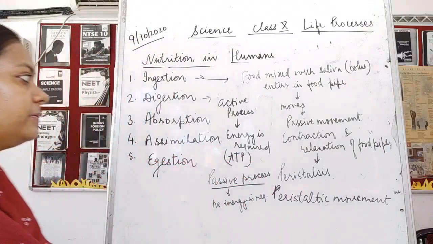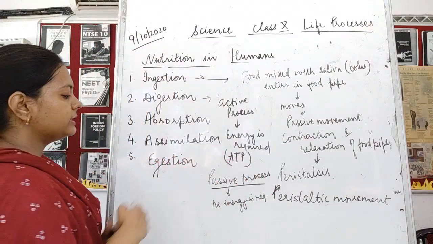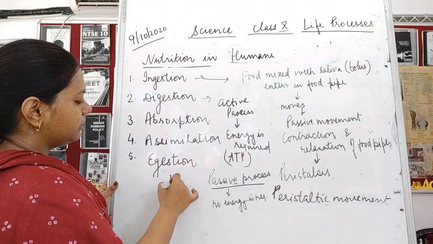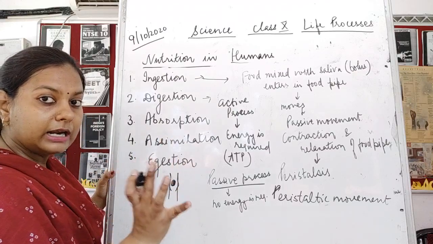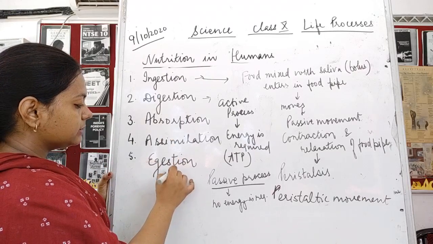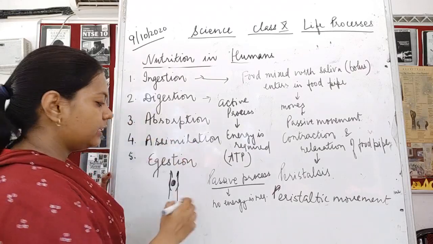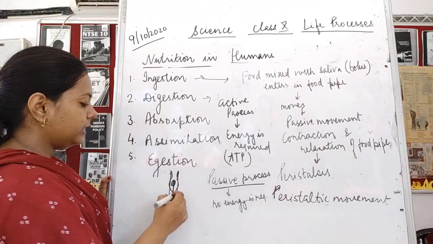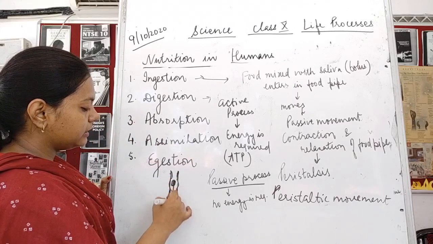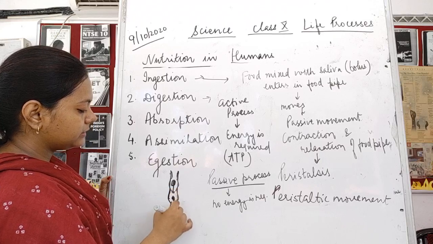So in peristalsis also it is the same. As soon as the food enters the food pipe, this pipe starts expanding, and the muscles above will contract. Because of which a downward force acts upon it, and the food is continuously shifted in the next direction.